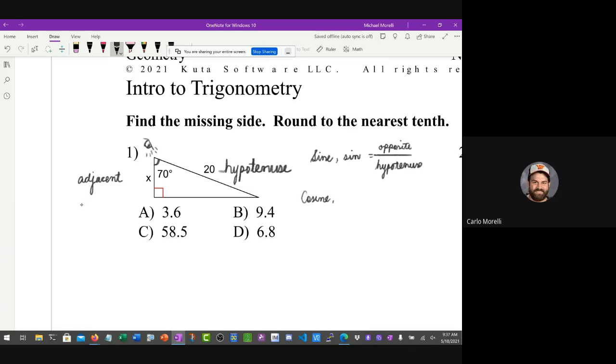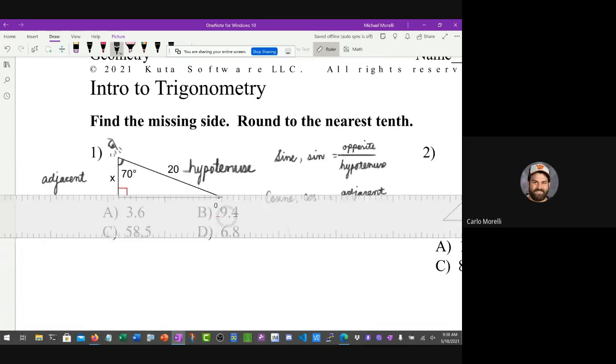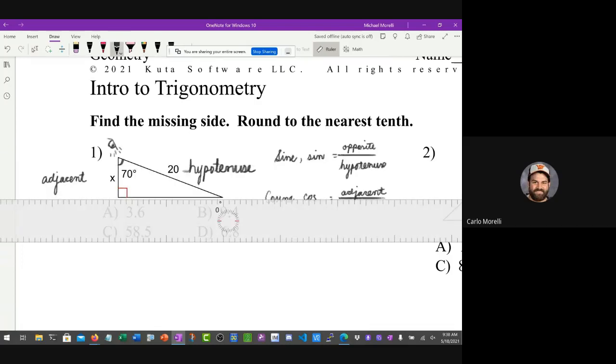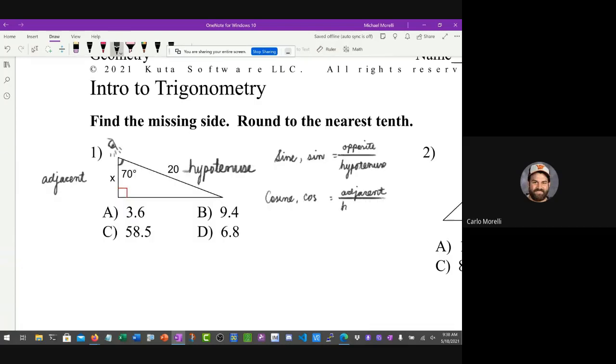Then you've got the cosine, and that's spelled COSINE, and it's abbreviated COS on your calculator. And that's equal to the adjacent side over the hypotenuse. And then you have one called the tangent function.